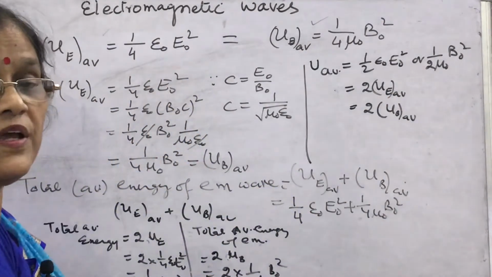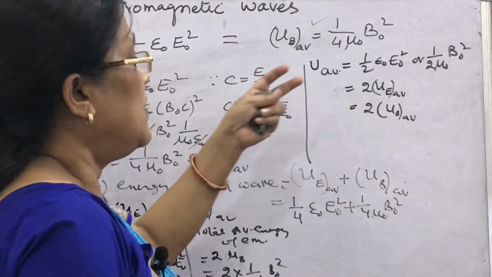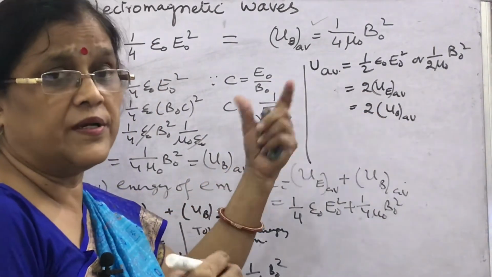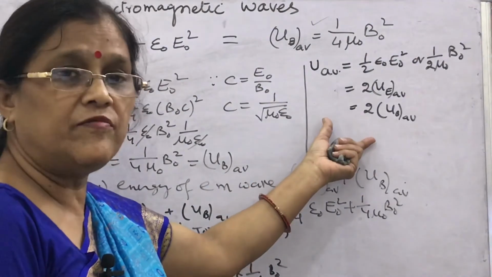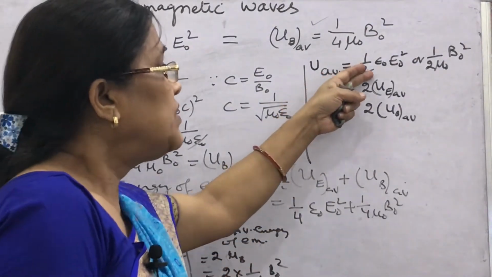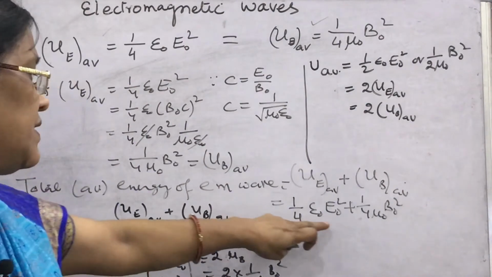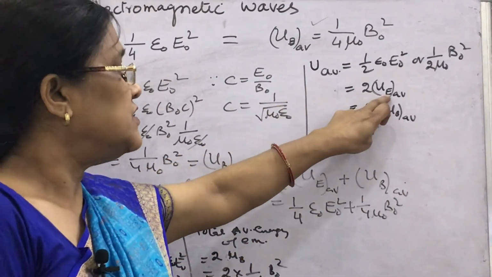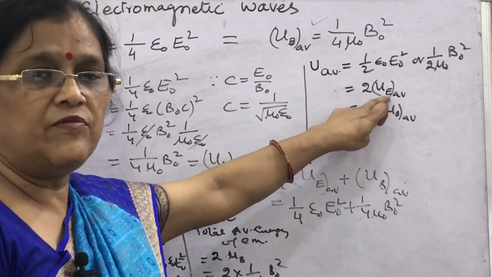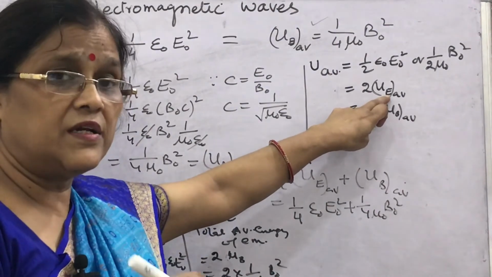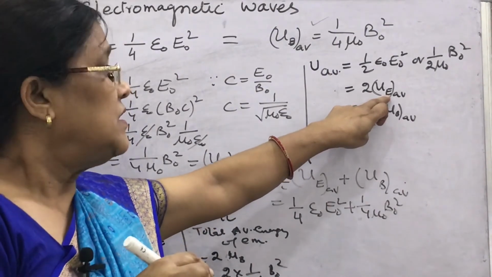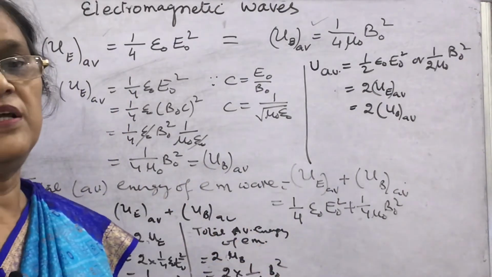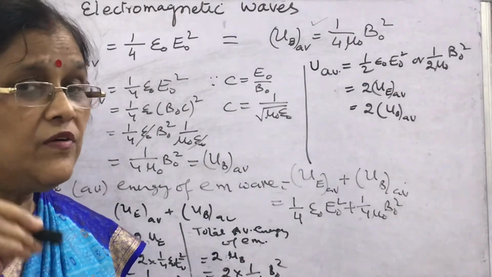So in this way, this is how to learn the electrical part and magnetic part of energy due to the electric field and magnetic field in EM waves, and both energies sum together in this way or individually. This is the total energy of the EM wave in only the electrical form. If in a question it is given that half epsilon naught E naught square is the energy of the EM wave, then what will you consider?